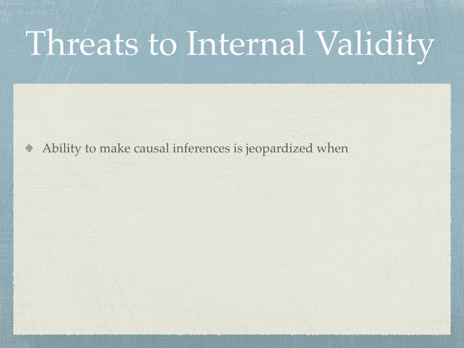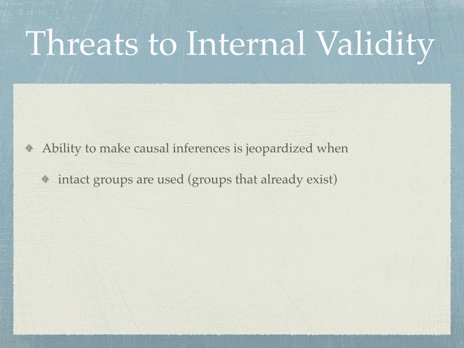One of the main ways this happens, and we talked about this already with natural groups designs, is when we're dealing with intact groups. When we're dealing with a group that's already there, like second graders versus fourth graders, there's a whole bunch of different things going on with second graders and fourth graders. Those are intact groups. When we're dealing with psych majors and chemistry majors, those of you who are psych majors picked psych because there's something in psych that really interests you, something that's going to be helpful for you.